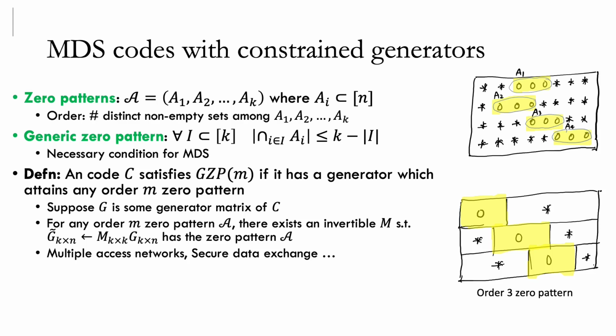More formally, if you have some generator matrix, then for any zero pattern of order m, there exists an invertible matrix which takes your generator matrix and turns it into one with the prescribed zero pattern. It turns out that GZP of 1 and GZP of 2 are equivalent to MDS, but beyond that, it is not equal to MDS.